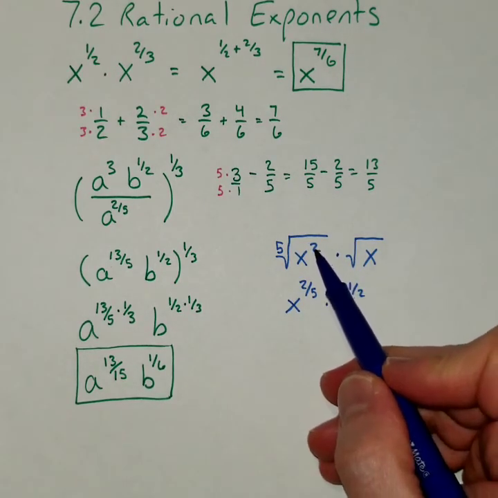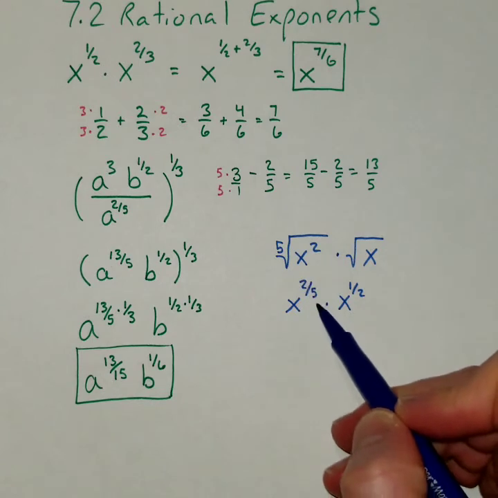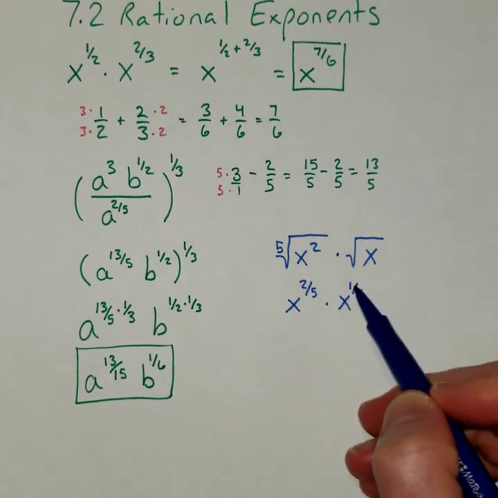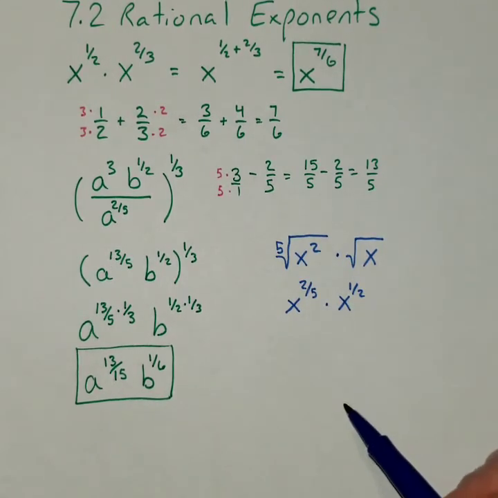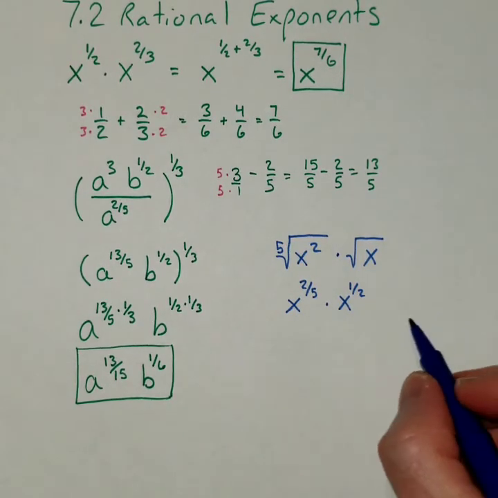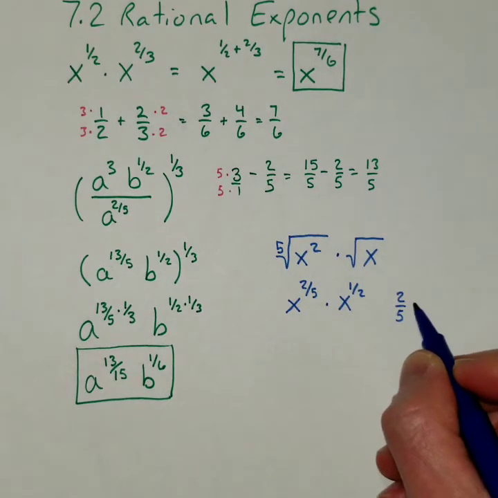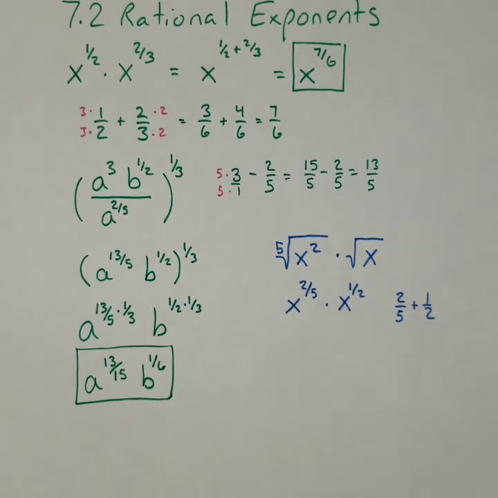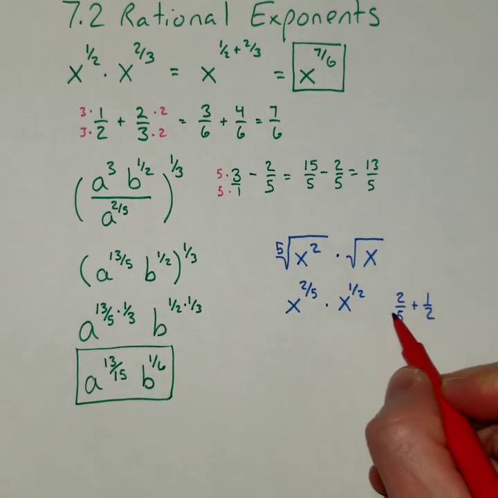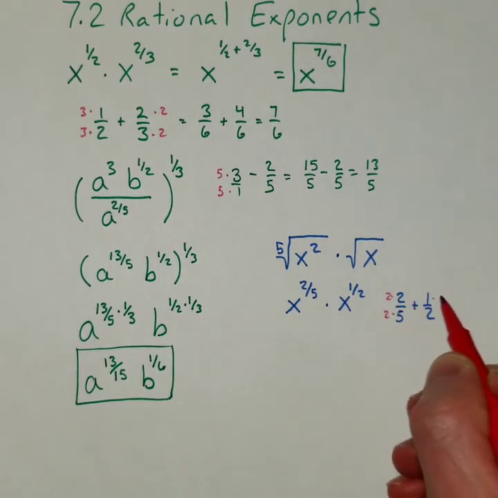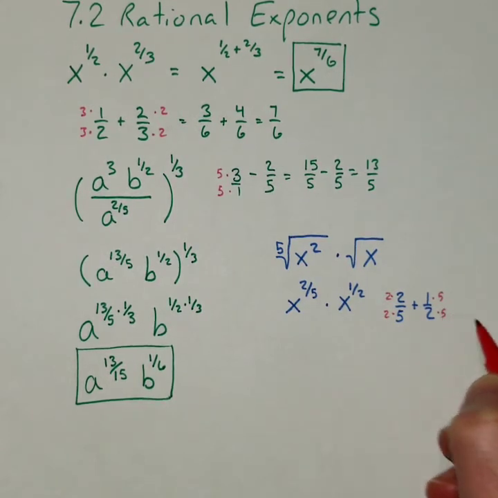This is the power goes on top, the root goes on the bottom. Here the power is 1, the root is 2. Then I need to add those two powers together. So I'll take those off to the side, that would be 2/5 plus 1/2 to get my common denominator, multiplied by 2 on the left, and by 5 on the right to get a common denominator of 10.